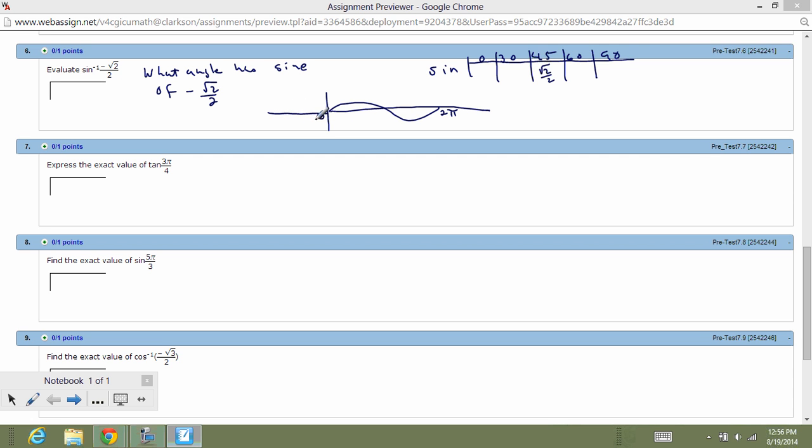And what we do is we take it into negative space. In other words, we go back below 0 degrees and we define the sine inverse from negative 90, negative pi over 2, to pi over 2.